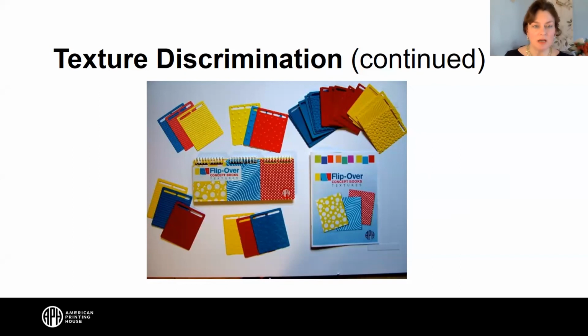So this one's a little bit more dynamic than some of the other flip over books because I've provided cards that vary even more so, gives you a little bit more options, and the binding can be opened to remove and switch out those cards.